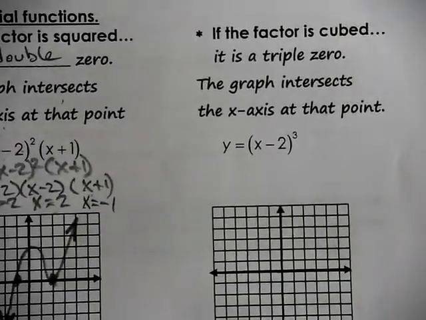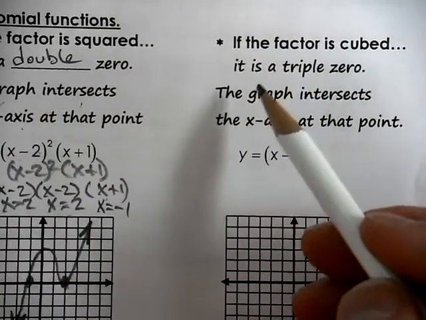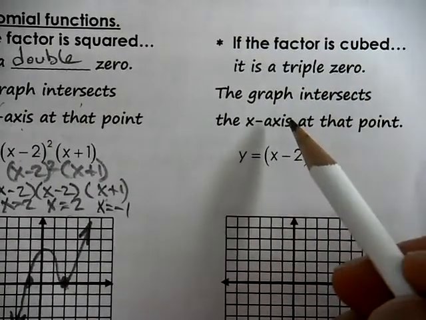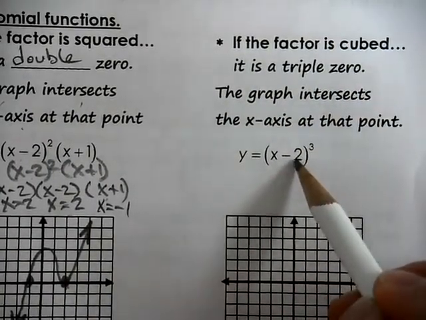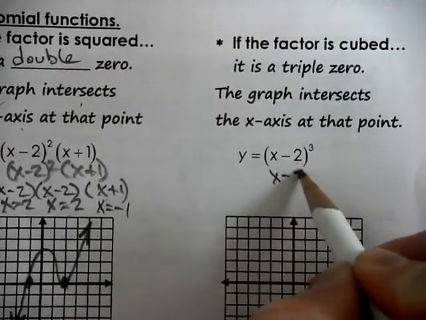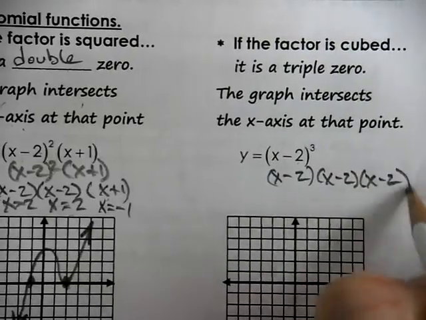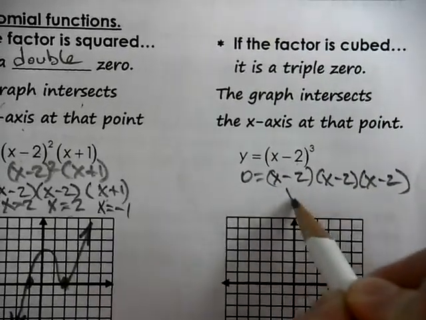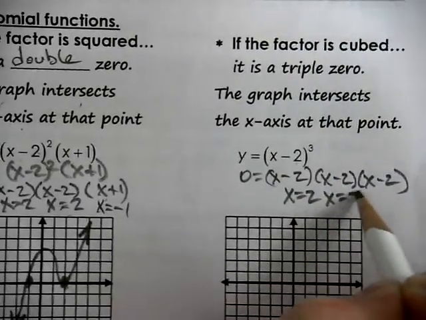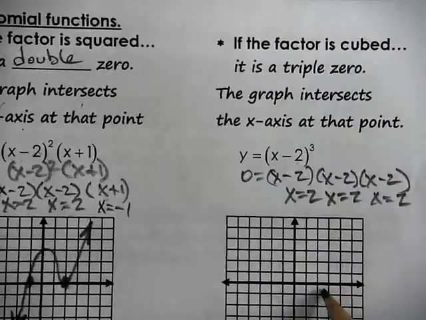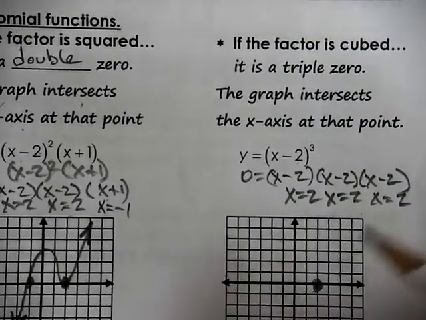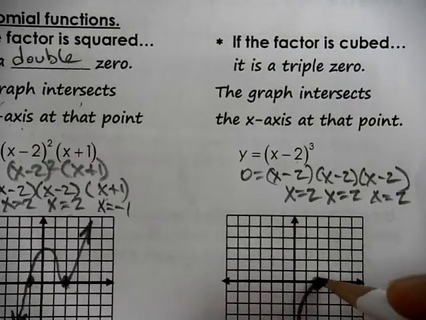And then here, if the factor is cubed, it has a triple zero. So again, we set this equal to 0. We can write it 3 times if you like to do that. And each one is going to be 2. So it's going to cross at 2. This is called a triple zero.